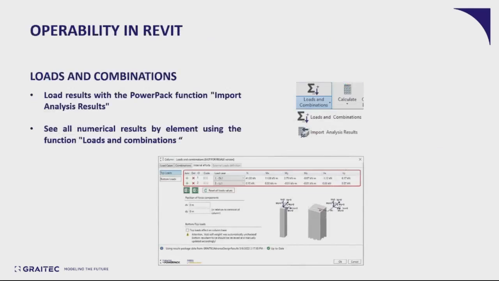The load combinations can also be accessed in Revit, and all the numerical results related to those load cases and combinations can also be identified and accessed in Revit when the transfer from Advanced Design to Revit has been performed. This can be performed using the PowerPack function import analysis results.